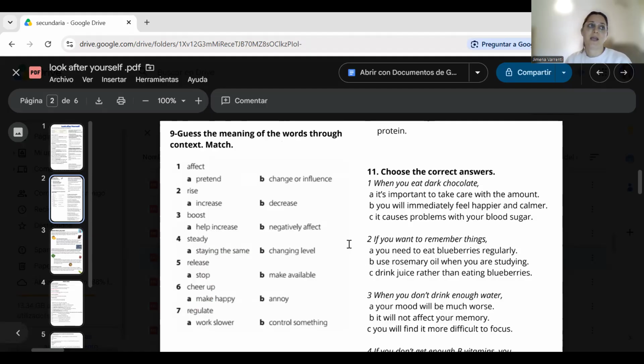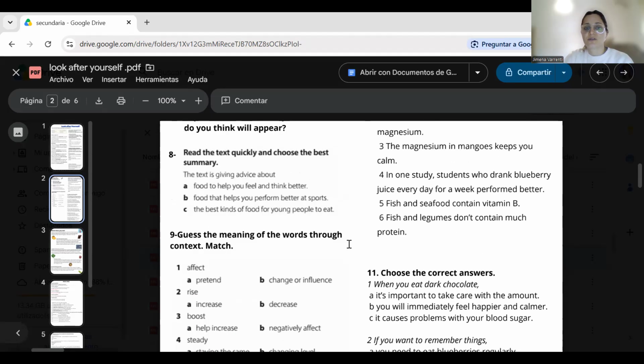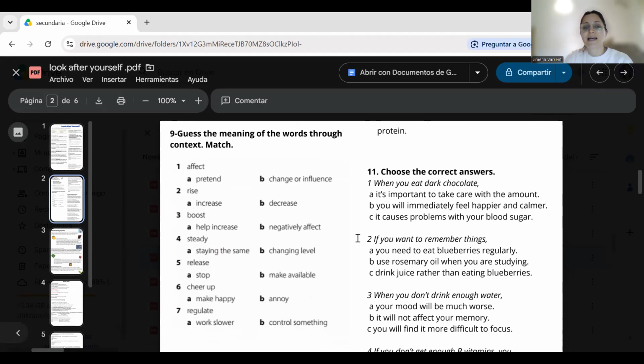So at 10:33, we are going to check. And I have different ways of checking the activities. For example, it can be whole class, as it was number 8. This was a whole class. Number 9, I use another resource, which I'm going to show you right now.